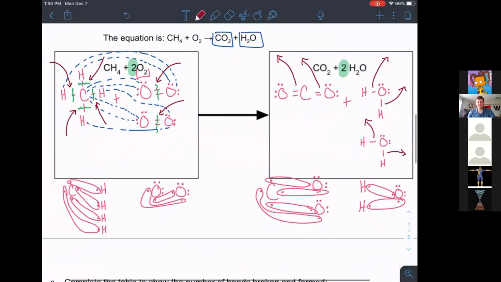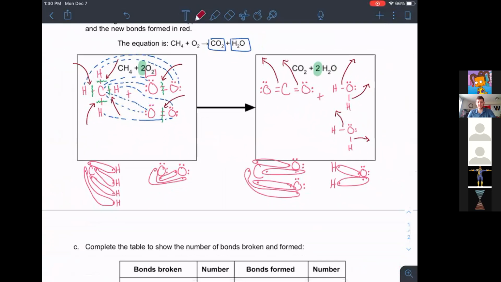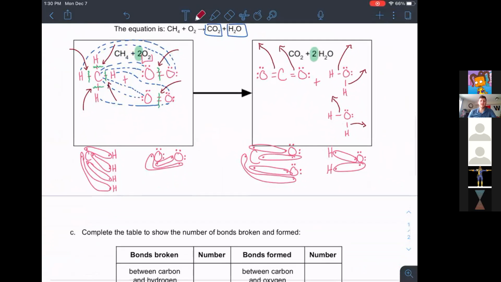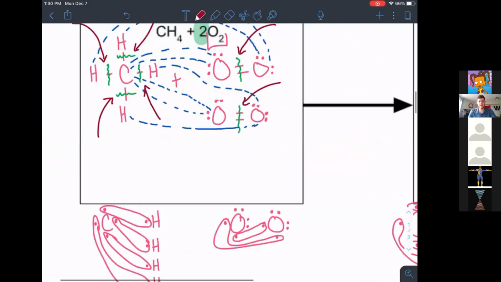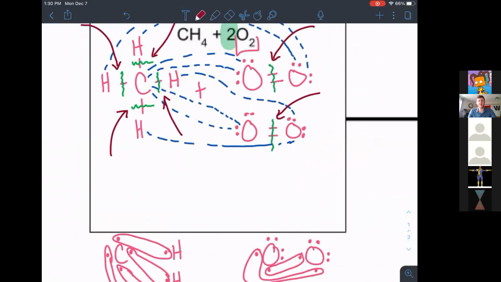So now if we look at part C, it has us complete the table showing the number of bonds broken or formed. How many bonds did we break with our carbon and hydrogen? 4. We broke 4 bonds over here. How many bonds did we break between our oxygens? 2.